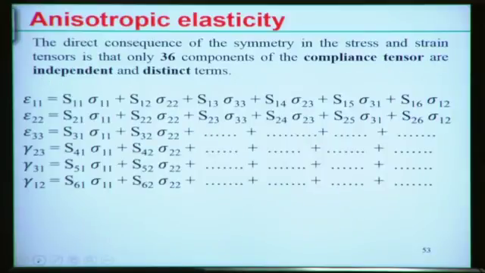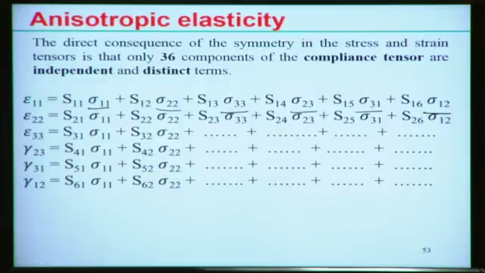Now we represent the linear system of equations of the stress and strains in such a way that epsilon 1 we can represent with sigma 11, sigma 22, sigma 33, sigma 23 in the consecutive way, sigma 31 and sigma 12.